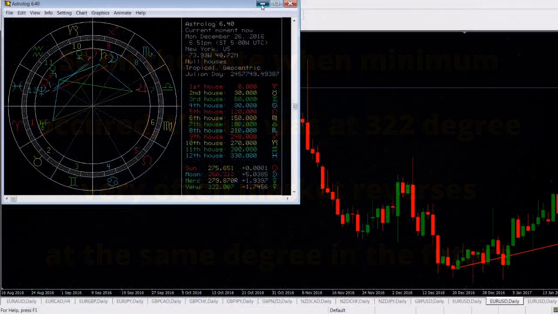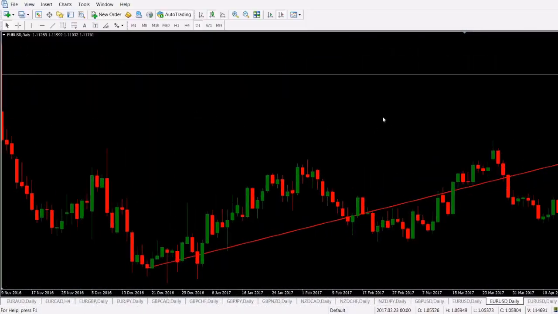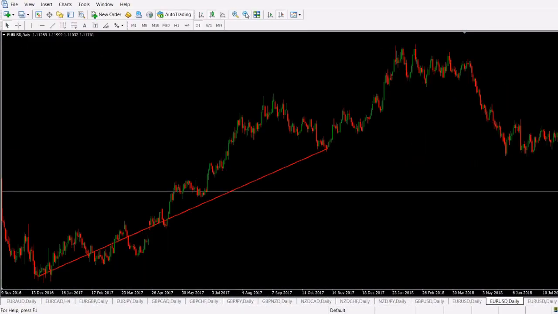Now, as you remember, let's close it. We calculated from the square root of the value of the price of the minimum, the lowest close in that trend. But now, just a couple of days later, we found the minimum was over here.